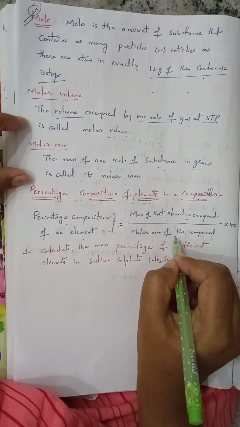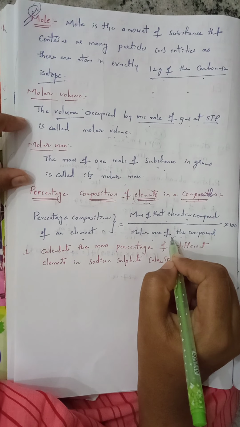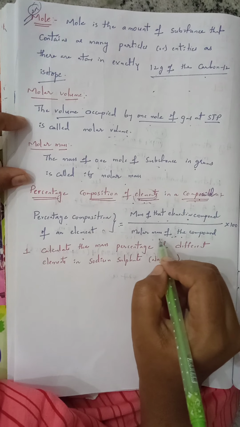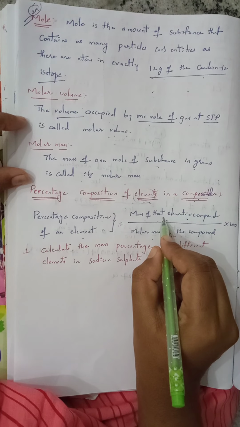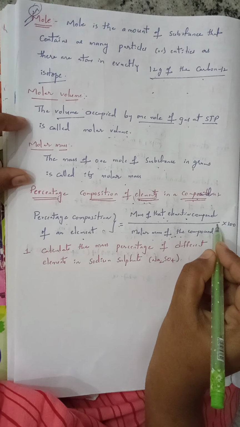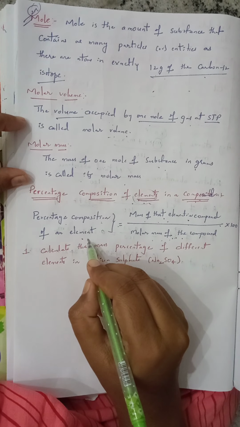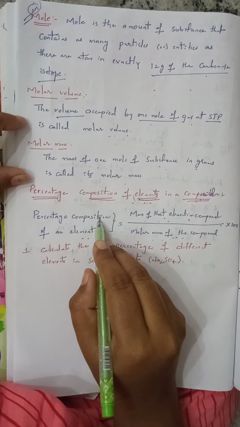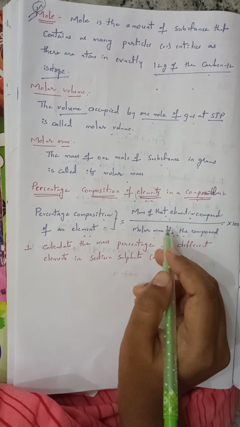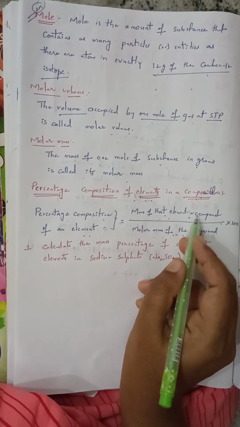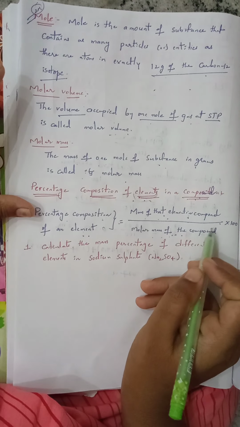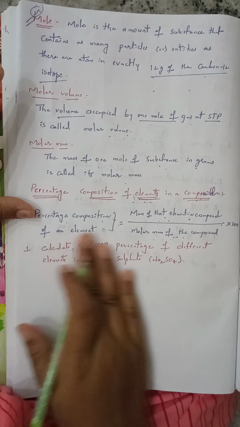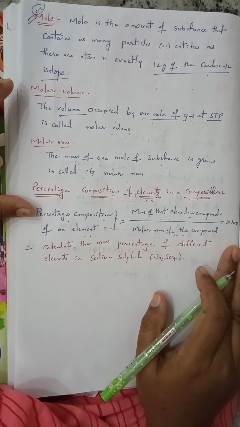Molar mass is nothing but the sum of the atomic masses of all the elements present in a substance or compound. Mass of the element is given in the question; multiply with 100 and you will get the percentage composition of the element. Now we'll solve the questions, then you will find it very easy.